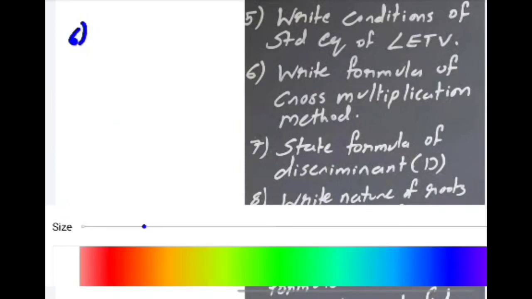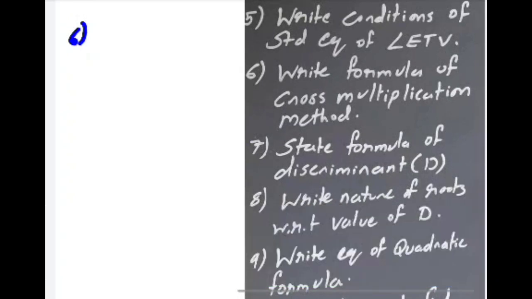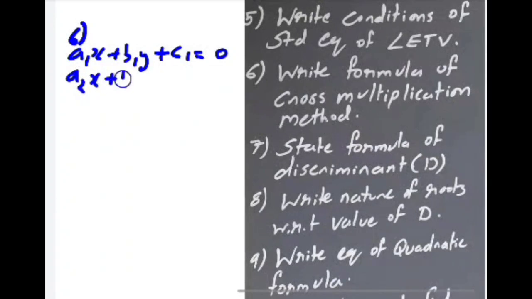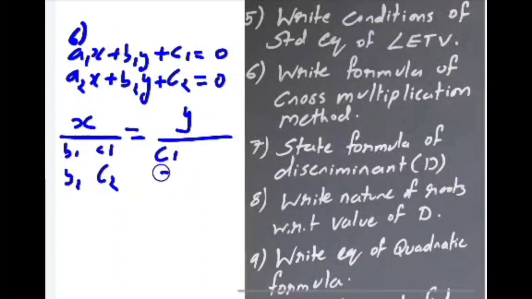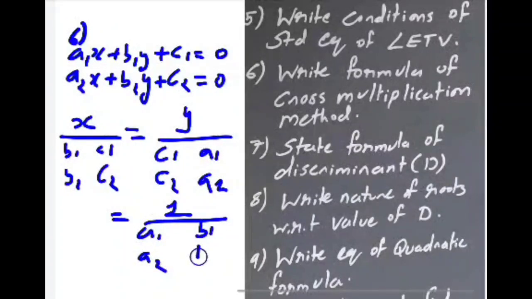So formula will be, let's write the equation, that is let's say if two equations a1x plus b1y plus c1 equal to 0, and a2x plus b2y plus c2, then the formula will be x upon b1 b2 c1 c2 is equal to y upon c1 c2 a1 a2 is equal to 1 upon a1 a2 b1 b2.